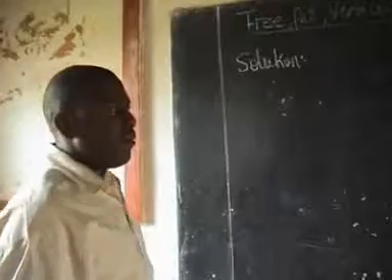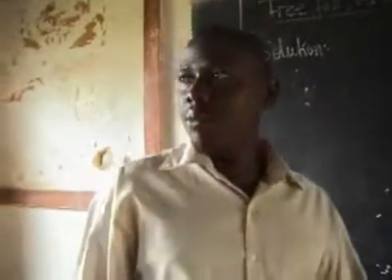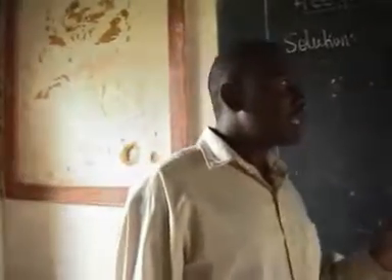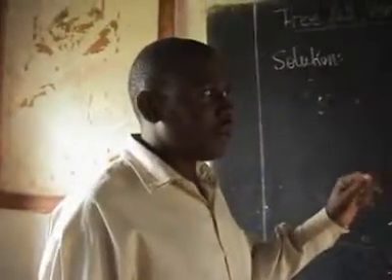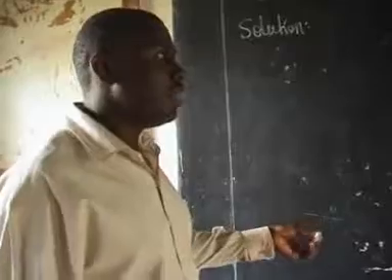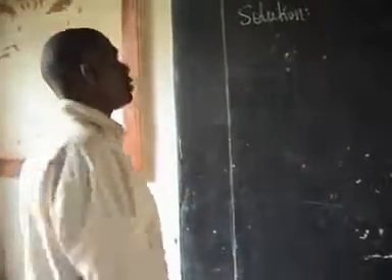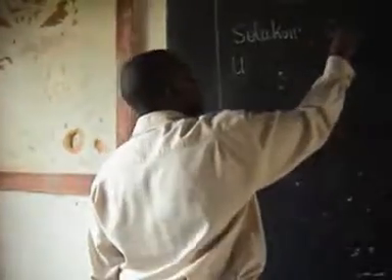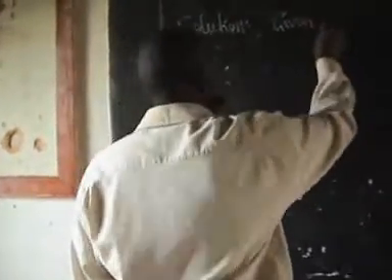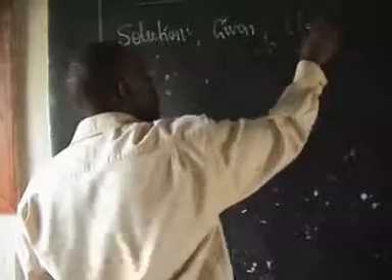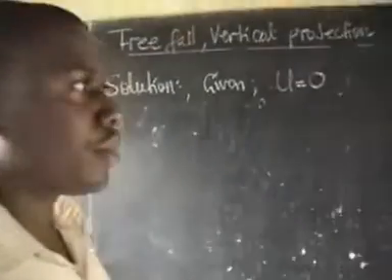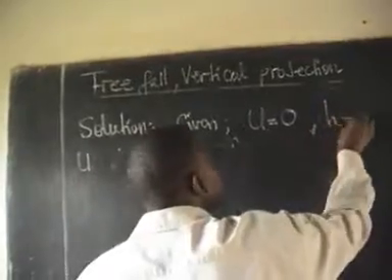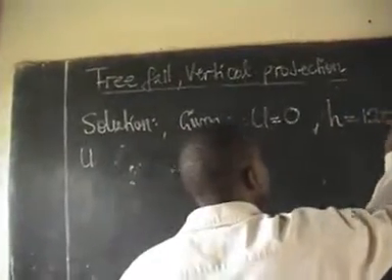Whenever you are given a question, you have to first read through and understand it properly. In this case, if a body is dropped from an altitude, it means that its initial velocity is 0. So you shall write the information given: u is equal to 0, h is equal to 120 meters.